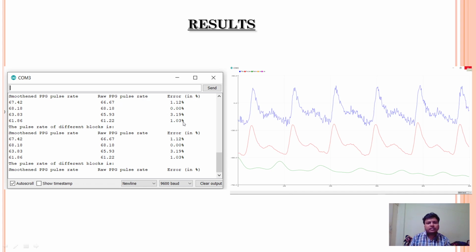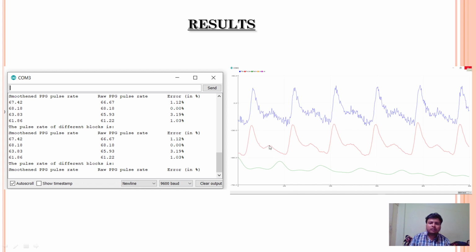As we can see, the error for all four blocks of data, each of 500 samples, is within 5%, and for one block the error is zero, which implies that our processing method is quite accurate. And this blue curve represents the PPG data, which we had recorded using the Arduino sensor.